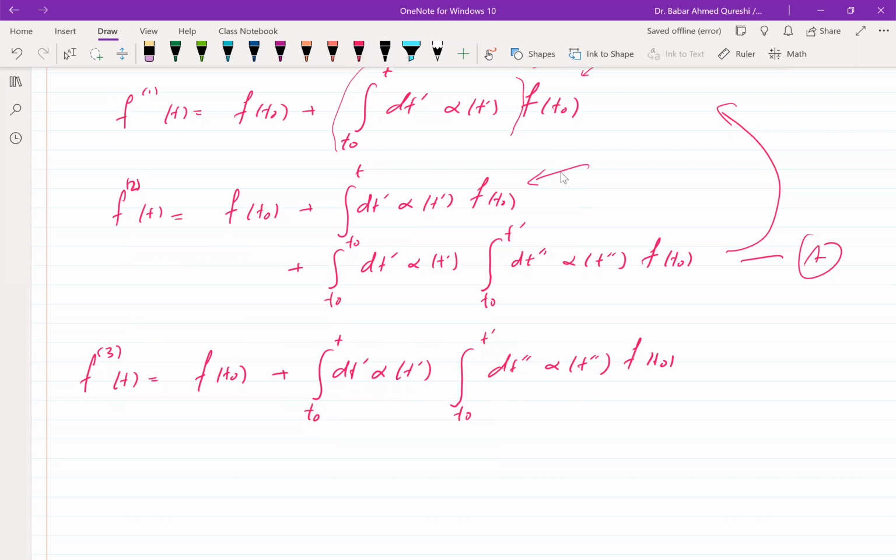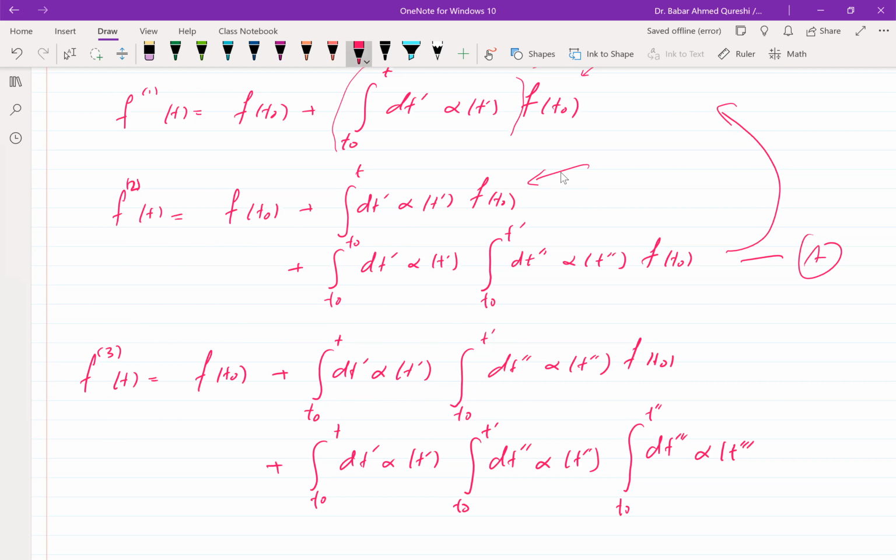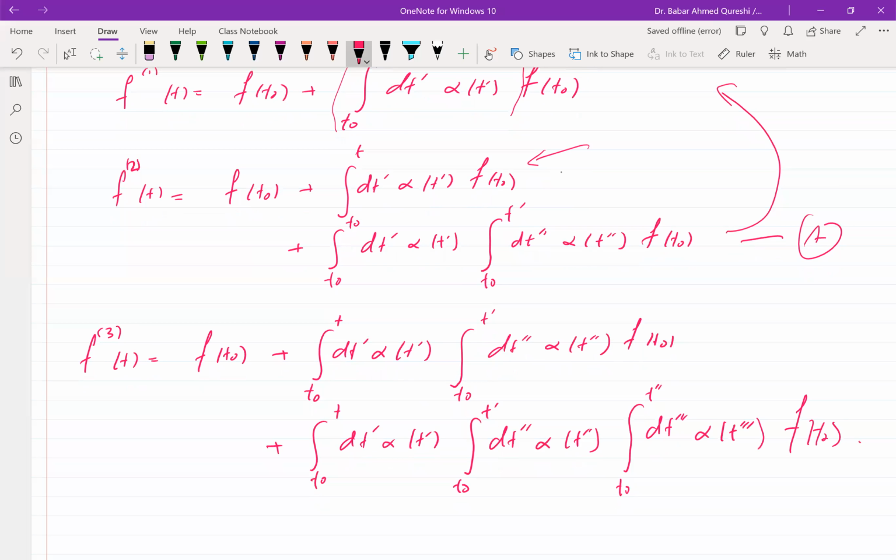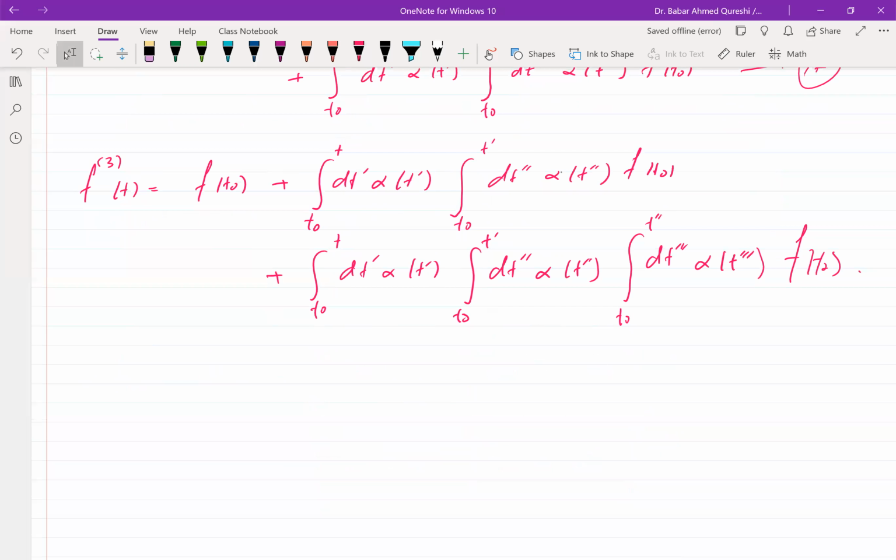And then I'll be putting in this double integral into the integral, which will make it alpha of t double dash, and then the integral from t naught to t double dash. So these are all nested integrals, but every time I have just an f of t naught.